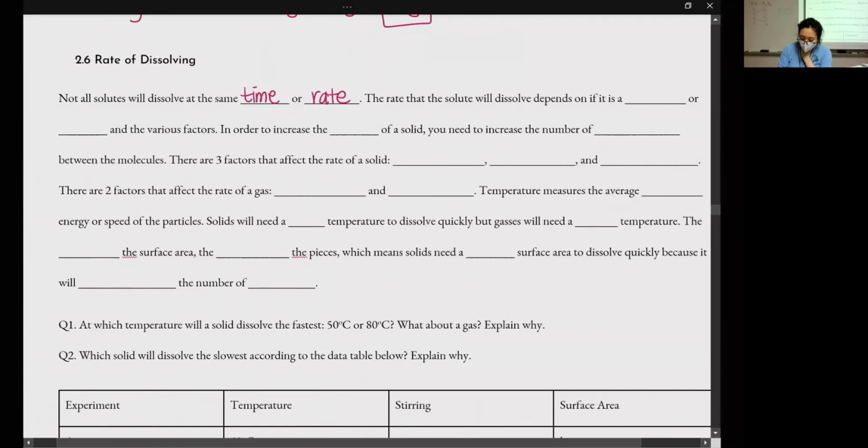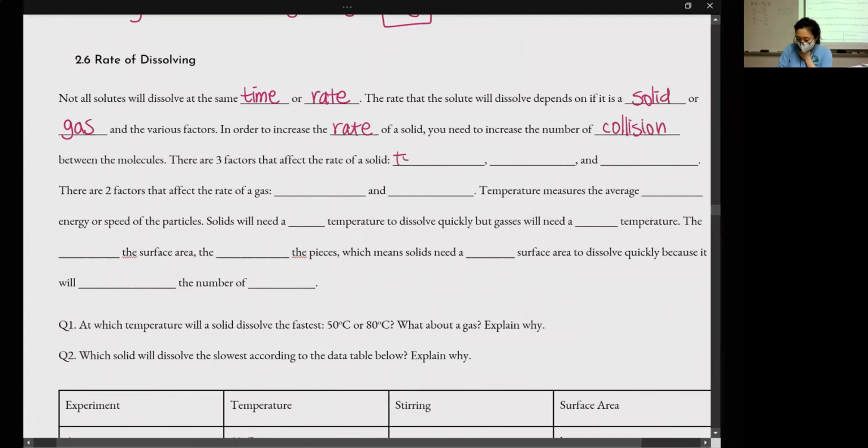Okay, and oh, it's if it's a solid or a gas and various factors. In order to increase the rate of solution, you need to increase the number of collisions between molecules.